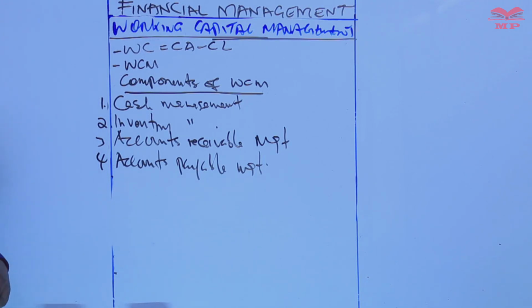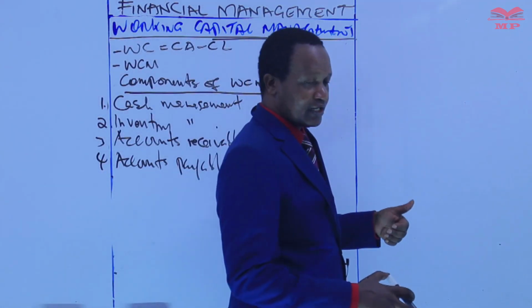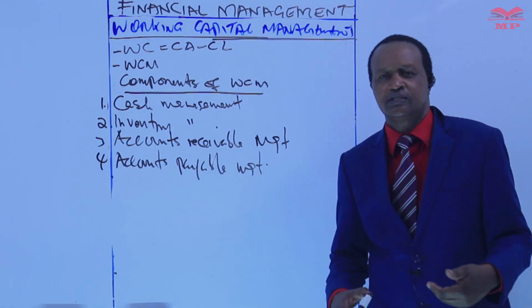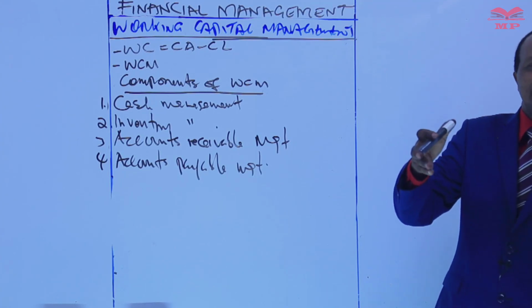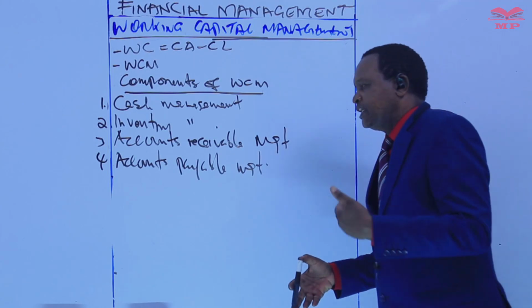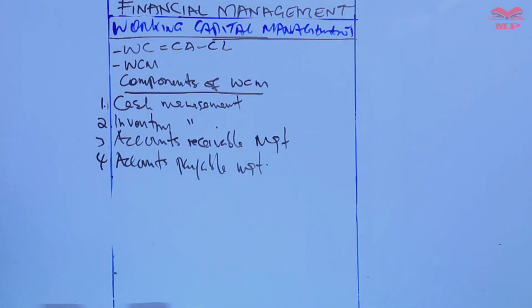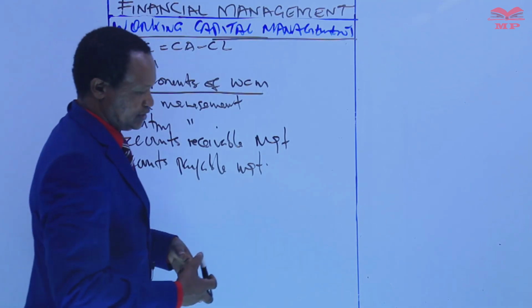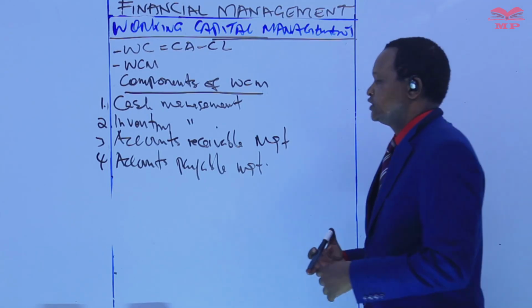Accounts payable management is a component of working capital management, and it involves managing the company's creditors, accounts payables, to ensure that the company pays suppliers on time and takes advantage of any discounts offered for early payment. So these are 4 components of working capital management, and we shall be discussing more about these components.